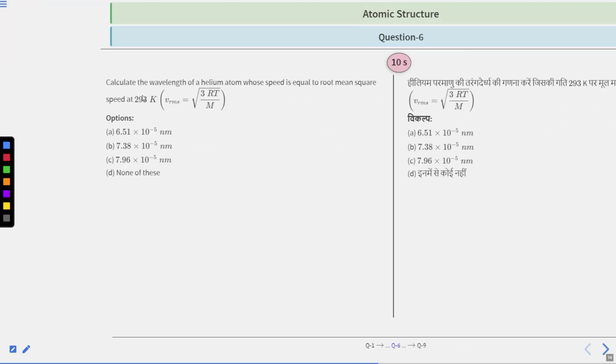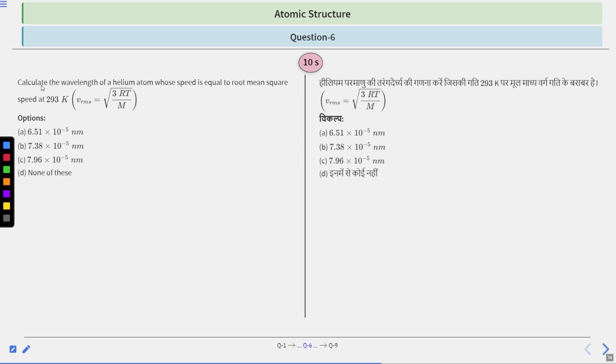Okay, moving on to question number 6. Calculate the wavelength of a helium atom whose speed is equal to the root mean square speed at 293 Kelvin. We have been given the formula of root mean square speed, which equals under root 3RT divided by M. R is the gas constant, T is temperature, M is molar mass.